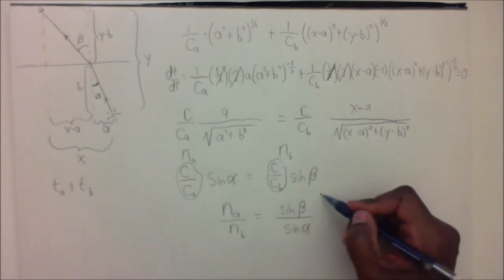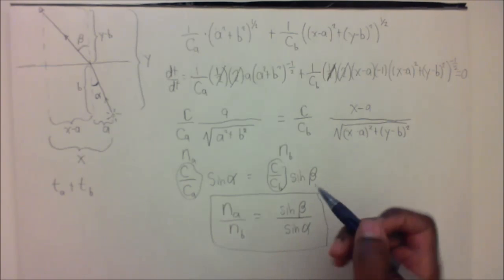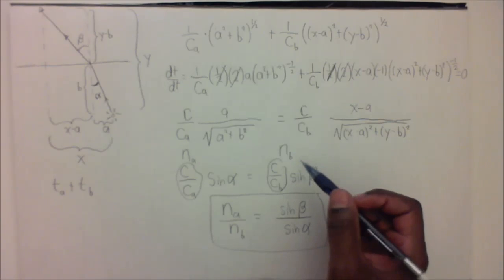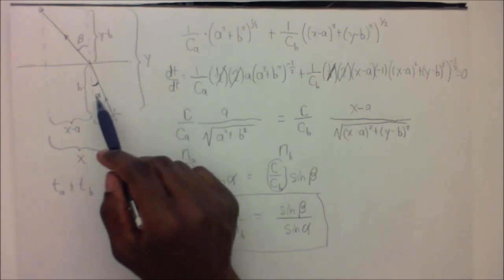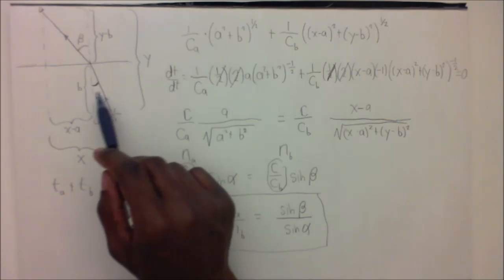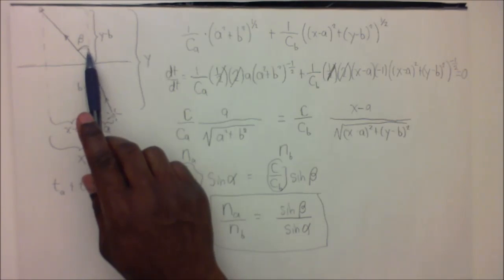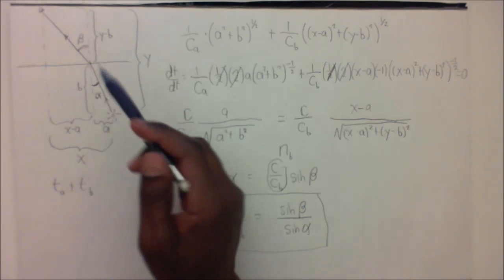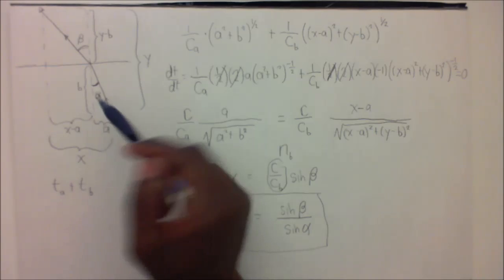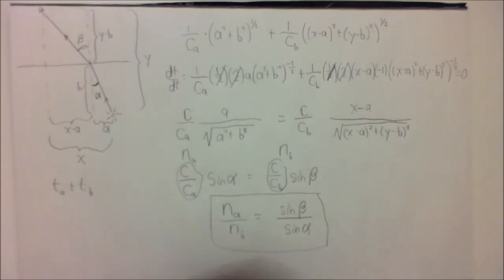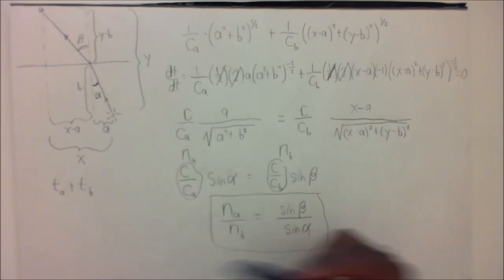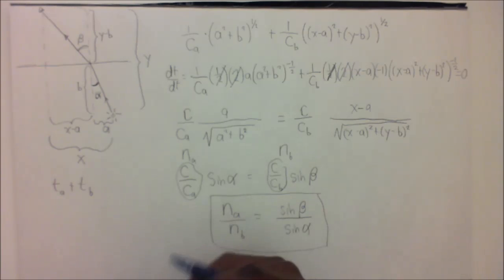What we have just derived is Snell's law, which basically says the sine of the angle going through medium A over the sine of the angle going through medium B is equal to the index of refraction of B divided by the index of refraction of A, and vice versa. I have it written here the opposite way, but the answer is the same.